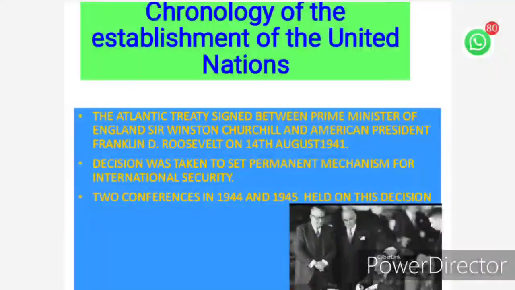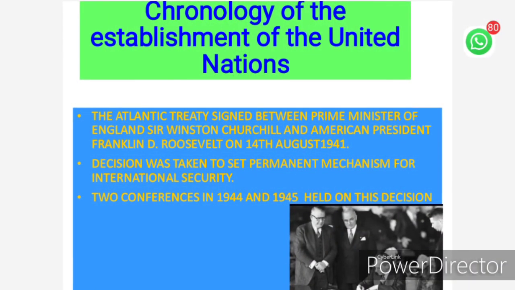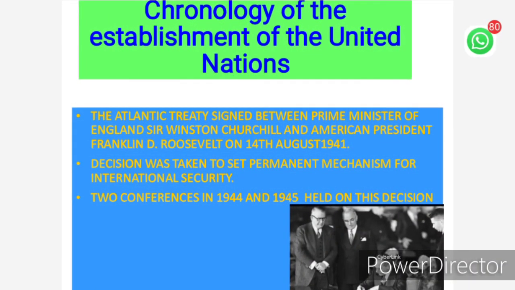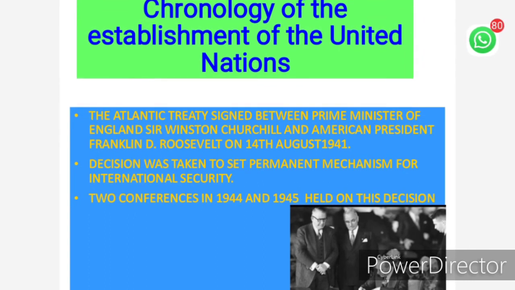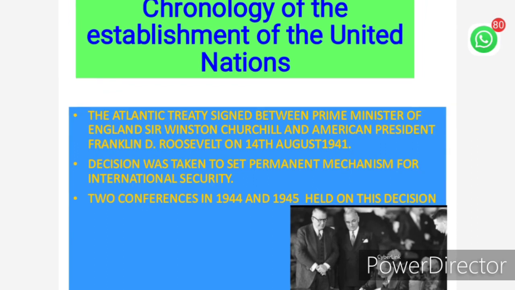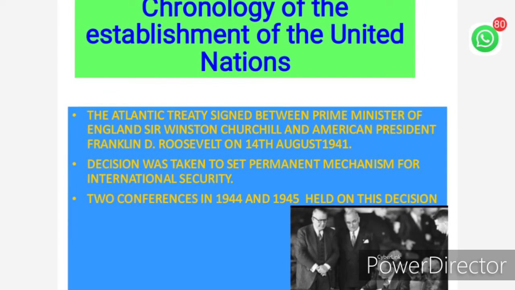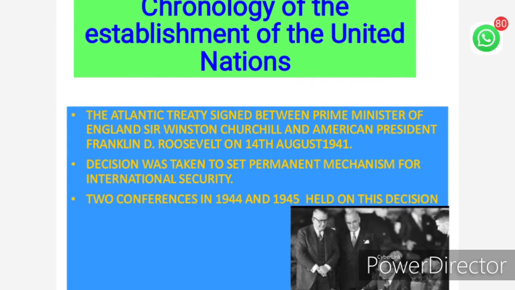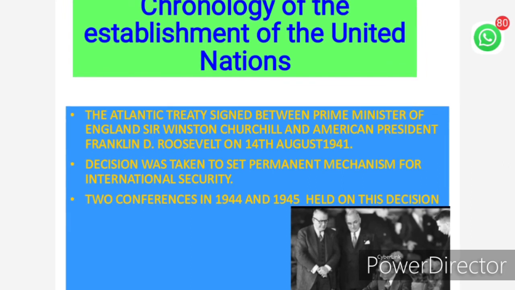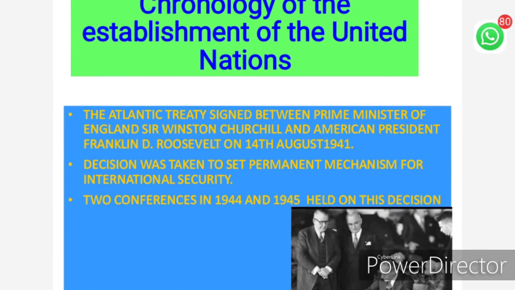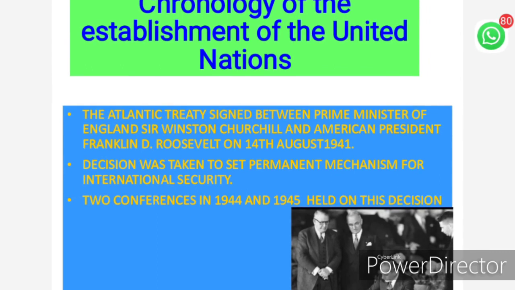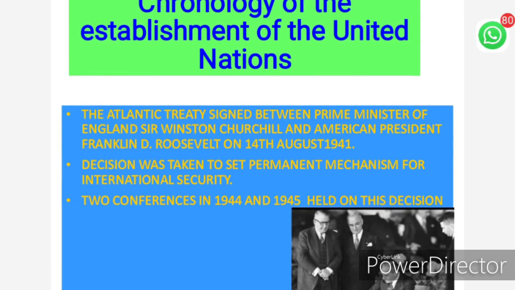The chronology of the establishment of the United Nations. The Atlantic Treaty was signed between Prime Minister of England Sir Winston Churchill and American President Franklin D. Roosevelt during the Second World War on 14th August 1941.